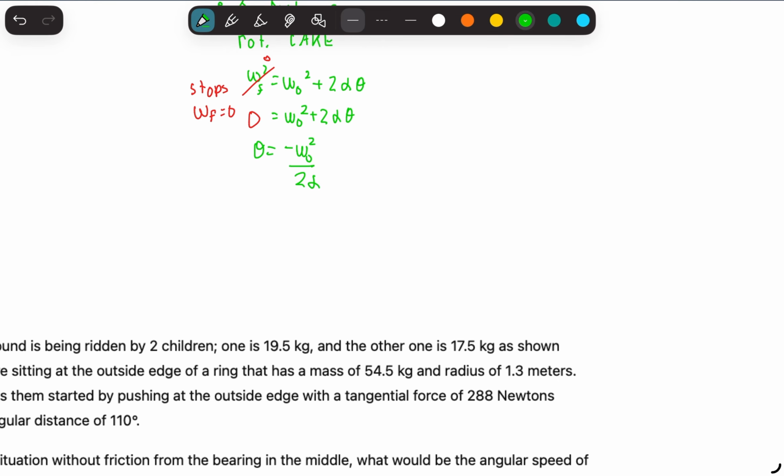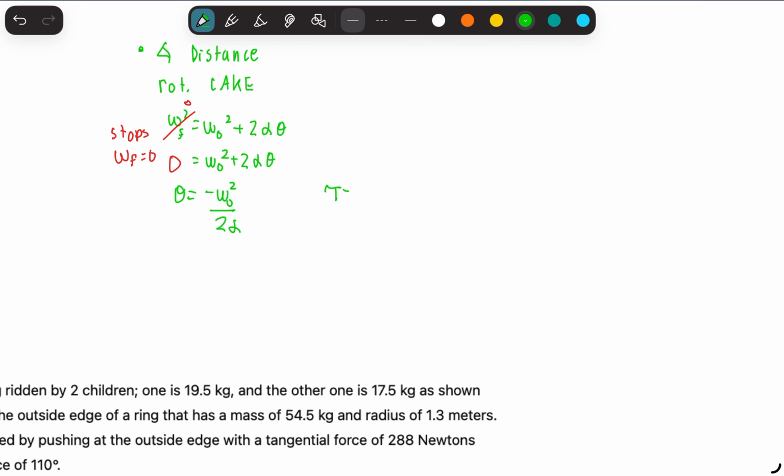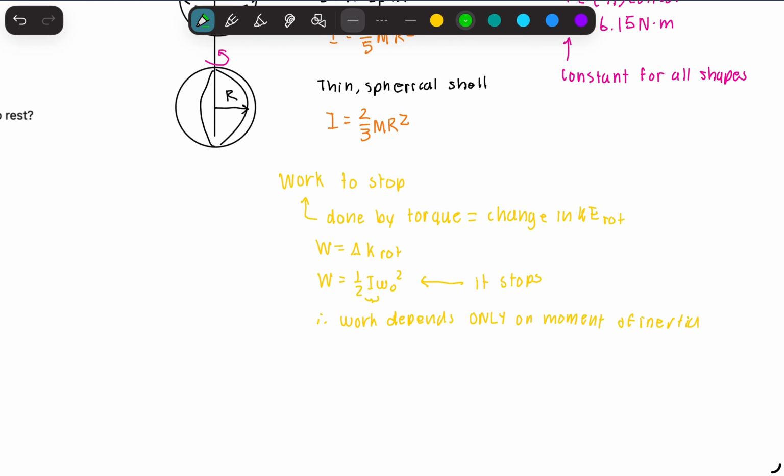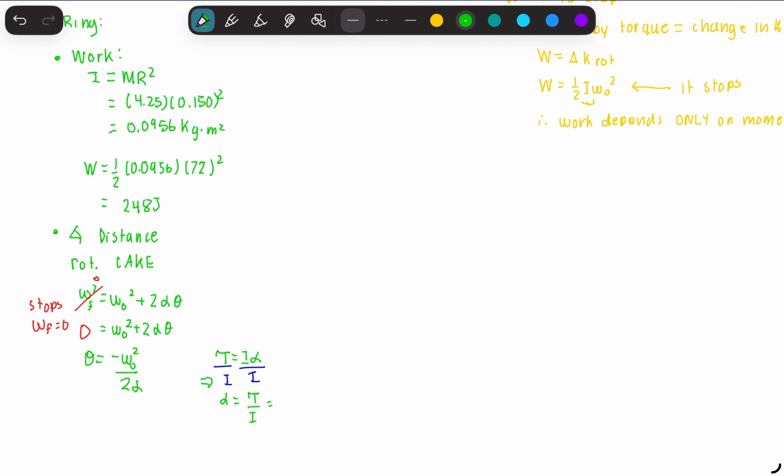We know that torque is equal to, therefore, and if we plug in what our torque is, it's constant, it's 6.15.